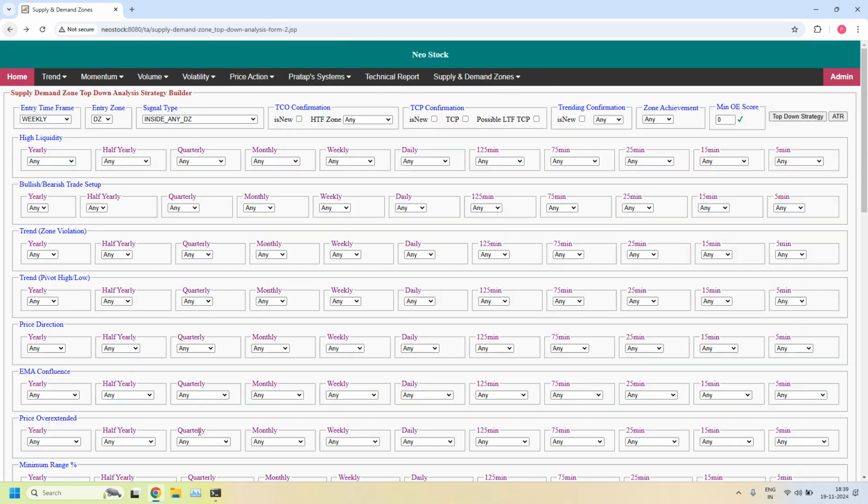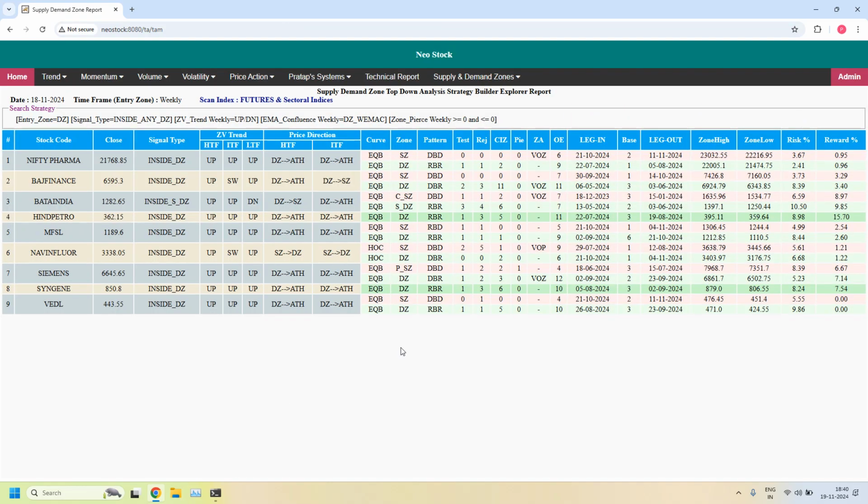Let's verify. In the EMA confluence, weekly time frame, weekly demand zone having weekly EMA confluence. But it should not be having sideways trend. So trend zone violation, weekly time frame, selecting up or down. Let us filter the stocks. We got 9 stocks. All these 9 demand zones are having weekly EMA confluence.